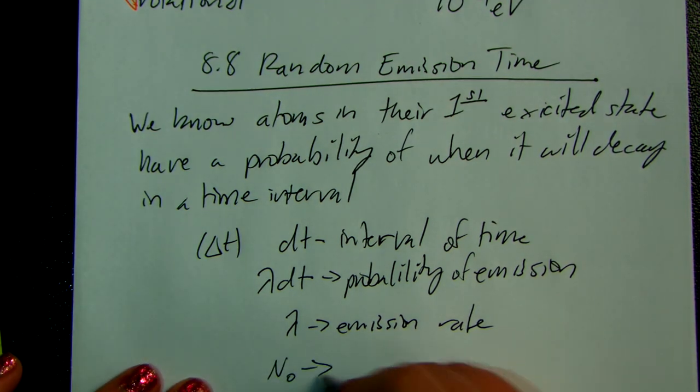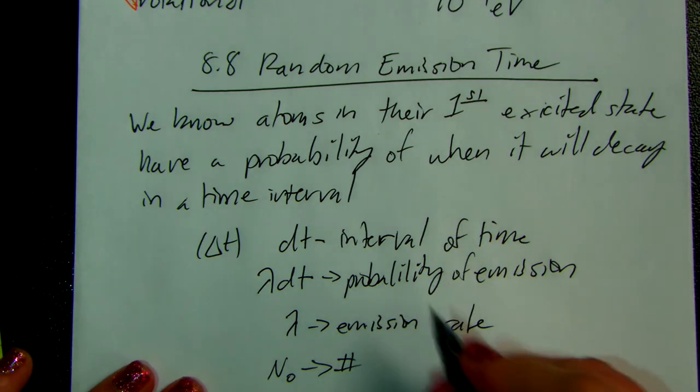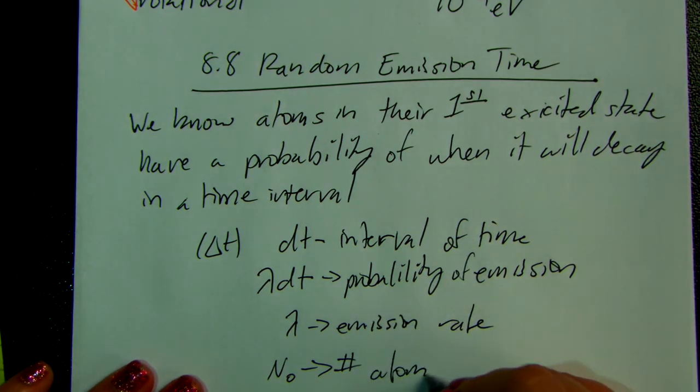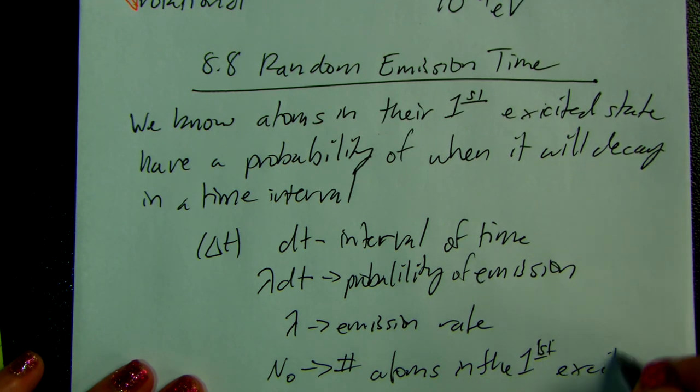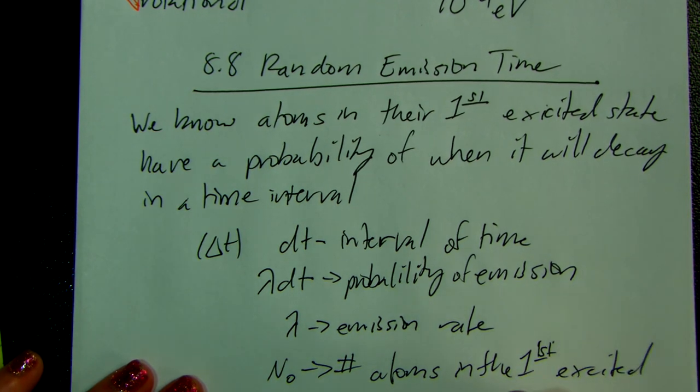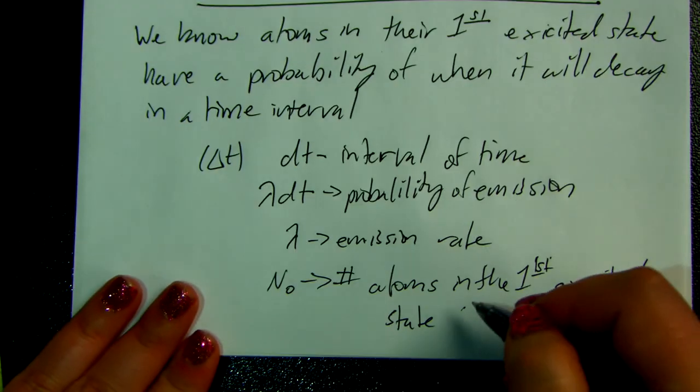N naught is the atoms in the first excited state. So this is the original population.